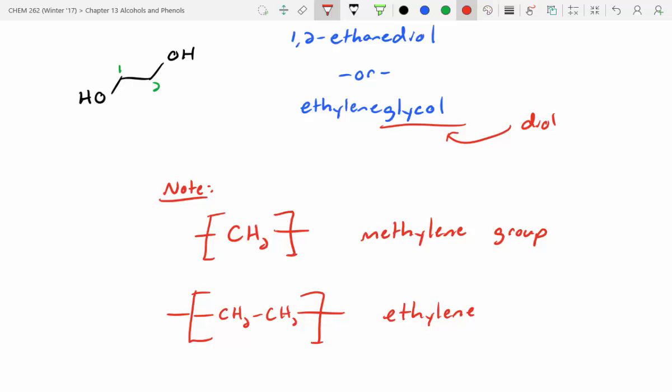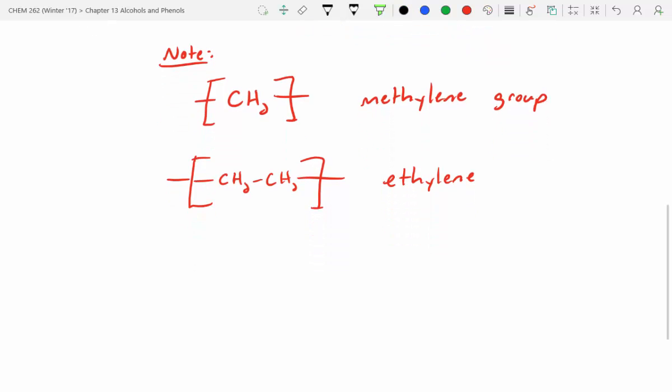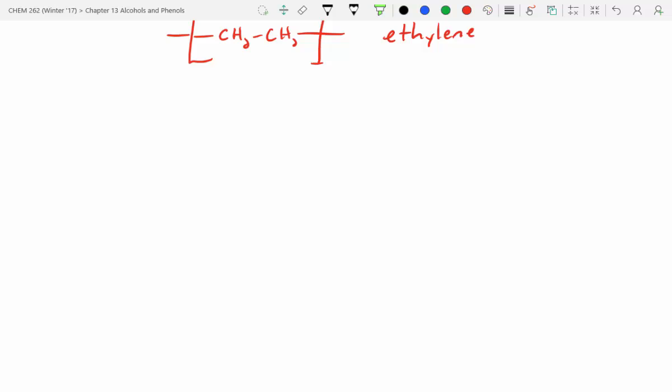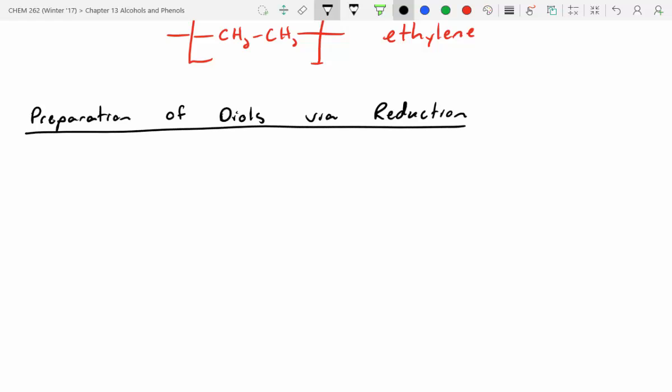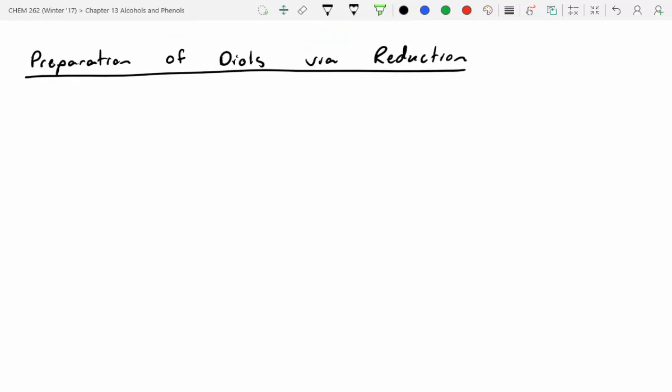Okay, so let's take a look at preparing diols. We know we can prepare them using addition chemistry, but we can actually do it with reduction as well. All right, so let's do a little bit of practice here.